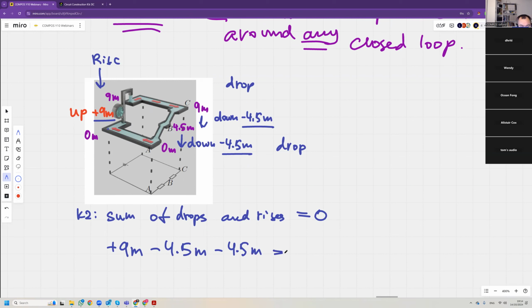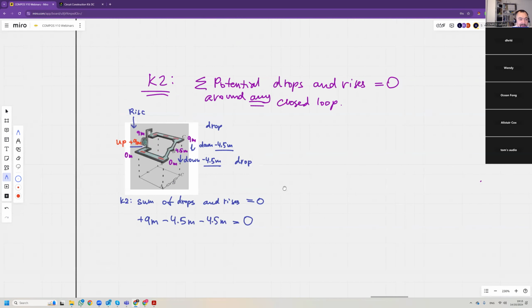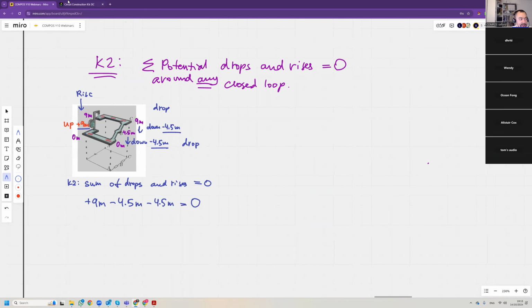So in a closed loop, that's equal to 0. Does this make sense? The sum of drops and rises in the water level is 0 in any closed loop. Do you understand on a scale of 0 to 10, please? Okay. The same works for a circuit.